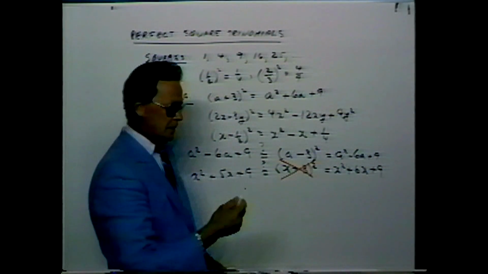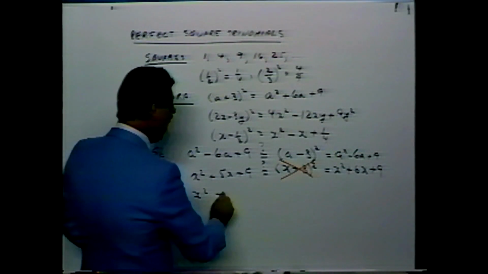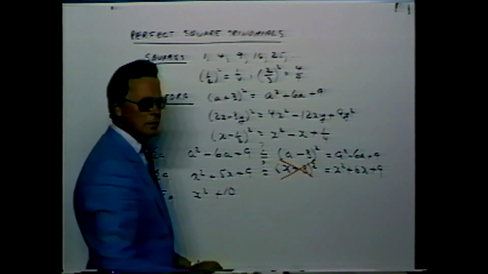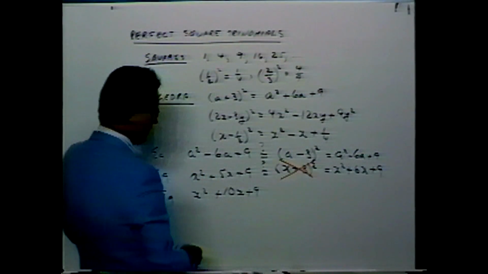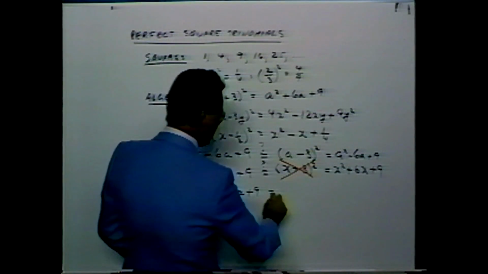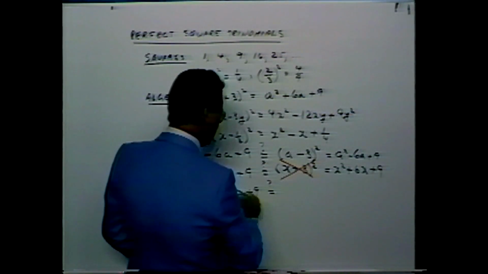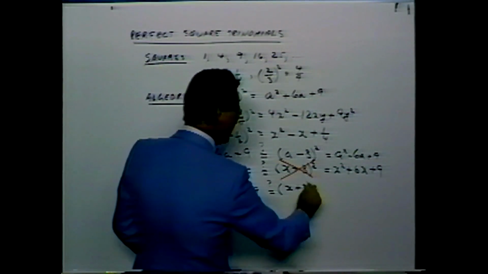Here's another example. x squared plus 10x plus 9. We have the same situation once again. Is it possible that this factors into the perfect square (x + 3) quantity squared?